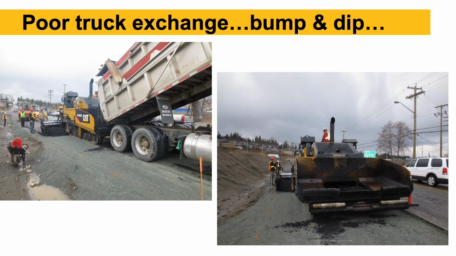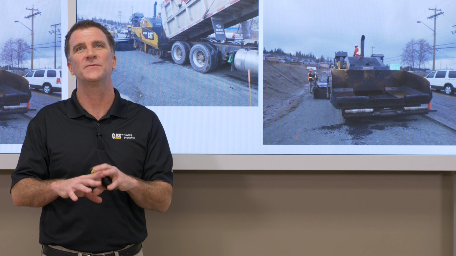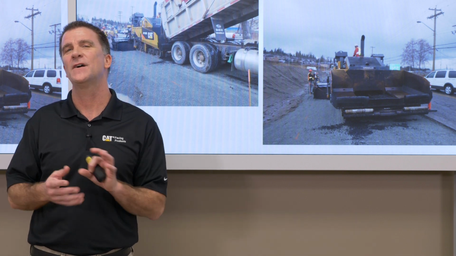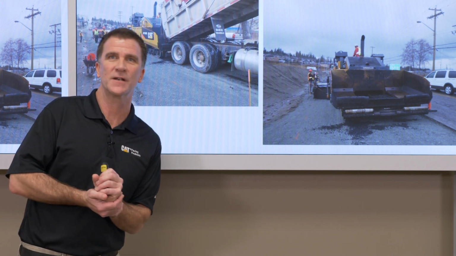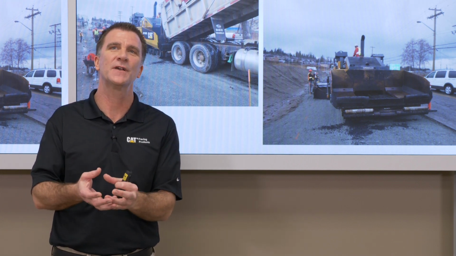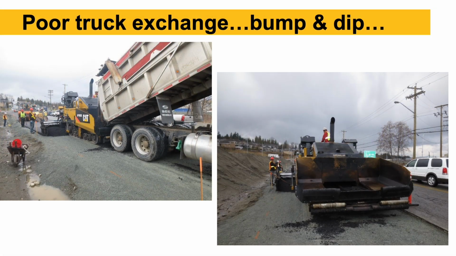So the operator ran the hopper empty, waiting for the next truck, but left a whole head of material back at the screed there. So now what's going to happen when the next truck comes, we're going to have a little bit of segregation going on there. The first material that comes in there is the first thing. The second thing is probably going to run a whole bunch of mix back on those conveyors now, so that when the paver does take off, there will be mix there.